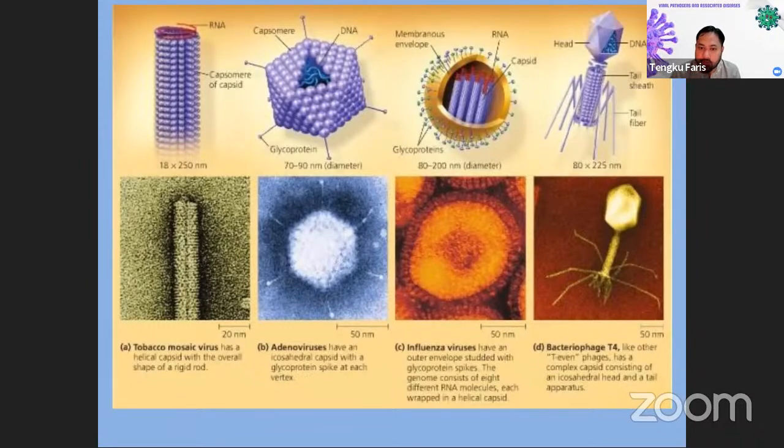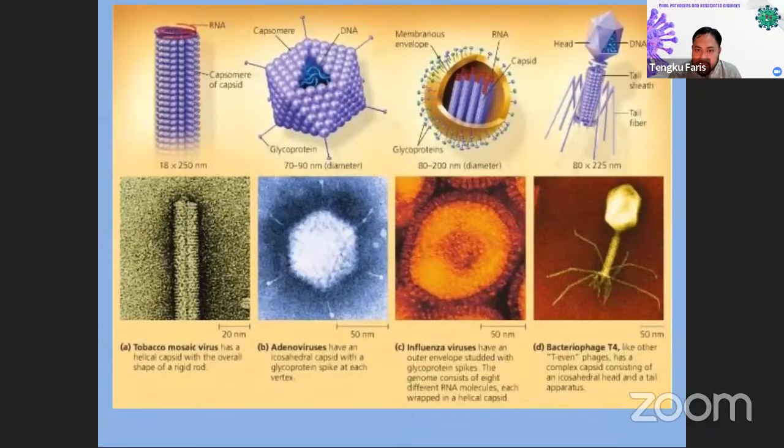You look at the influenza virus, just like SARS-CoV-2, because they are of the same origin. It has an outer envelope. The influenza virus is classified as an enveloped virus. You can see it starts with glycoprotein spikes. The genome consists of 8 different RNA molecules, each wrapped in a helical capsid.